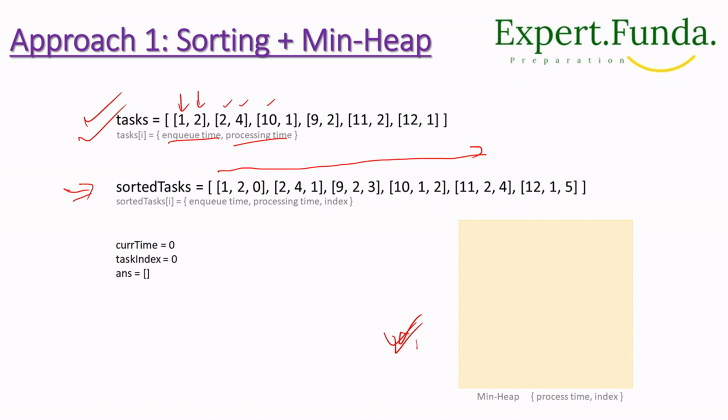If you are new to the heap data structure, you can search for it and you will see the min heap data structure. So what is min heap? Min heap is a tree data structure that always stores the minimum value element at the top using some comparison, like the processing time here, or the task index in case of ties.